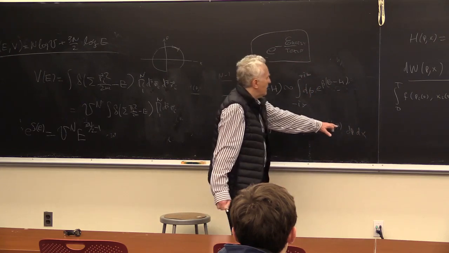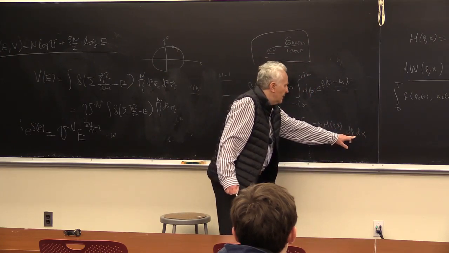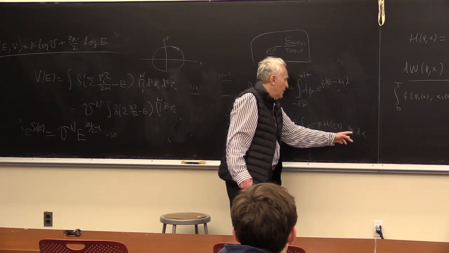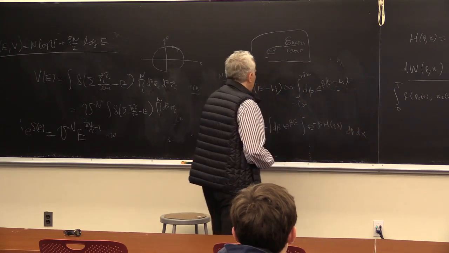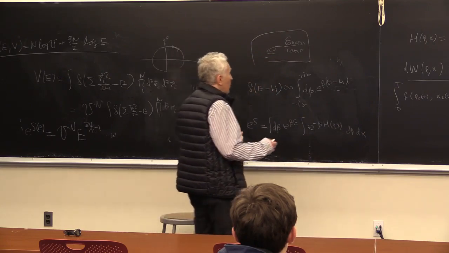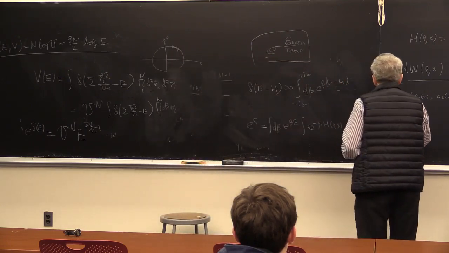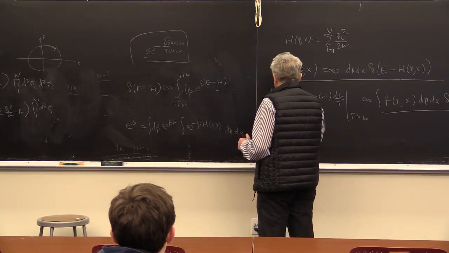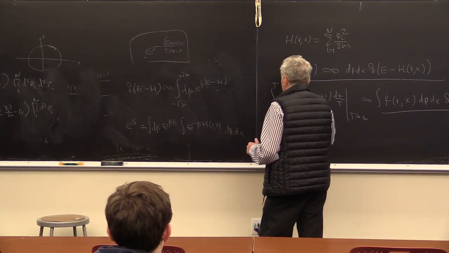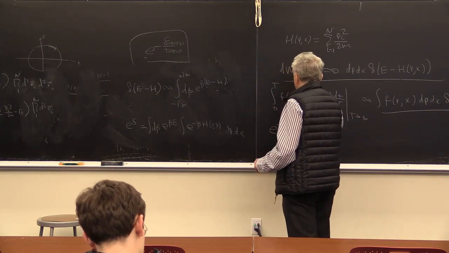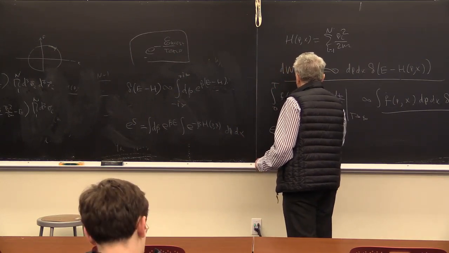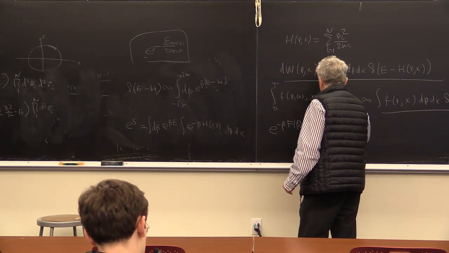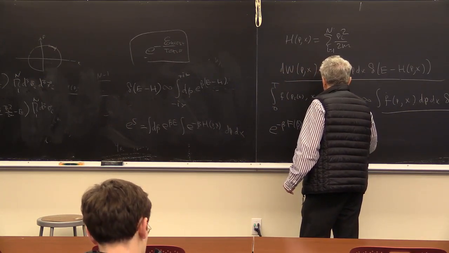I hope it's clear that when I don't write these indices, I mean them. There are 3n coordinates here, 3n here. So if we now introduce the function of beta, which is the integral e to the minus beta h dp dx.